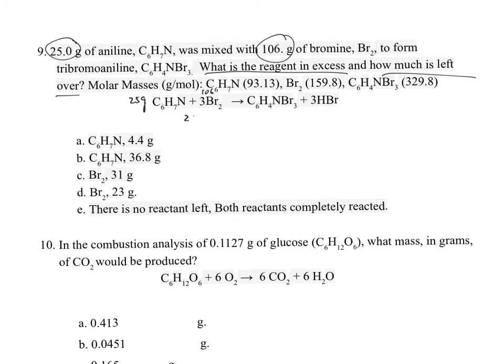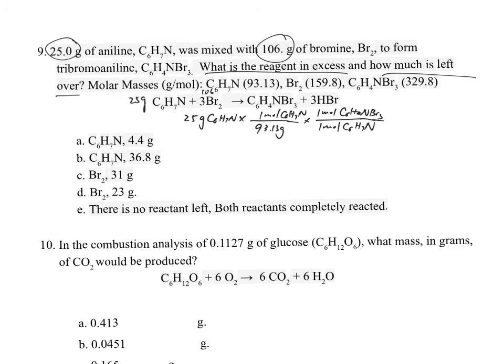All right, so 25 grams of C6H7N times 93.13 grams per 1 mole of this guy. And each 1 mole of C6H7N is going to produce 1 mole of C6H4NBr3.